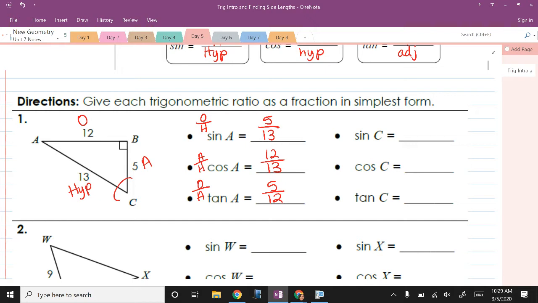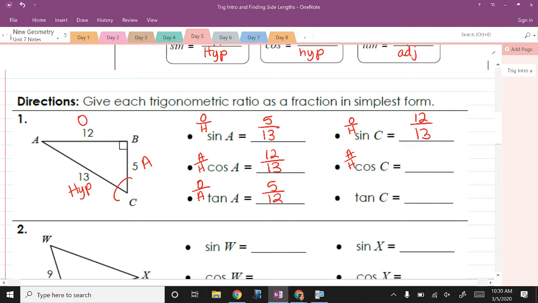Okay, so sine is what over what? Opposite over hypotenuse. So what is the length of the side opposite from angle C? 12 over what's the hypotenuse of the whole triangle? 13. And cosine is what over what? Adjacent over hypotenuse.